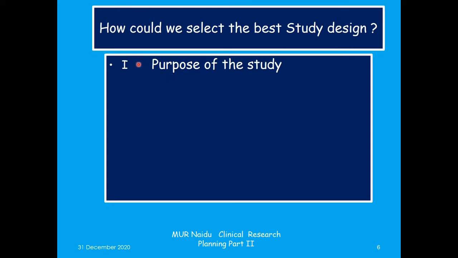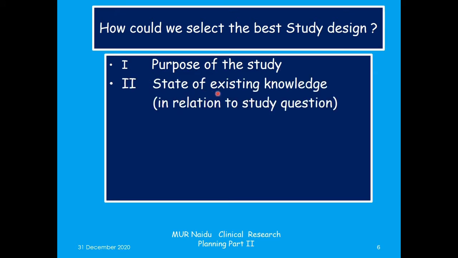Number 1, the purpose of your study. Second, the state of existing knowledge about the particular study which you are planning, or what is actually the relationship of your study question. The design should be based on that particular question.